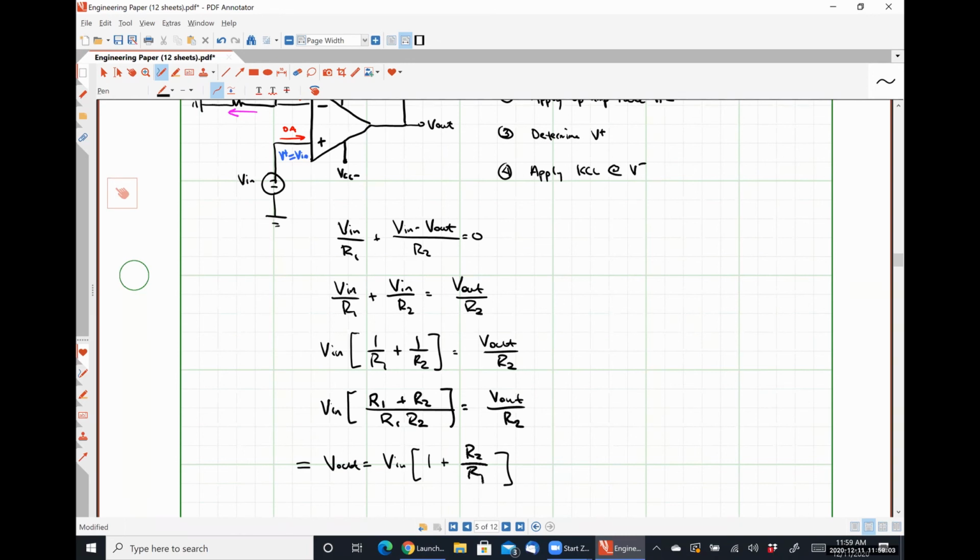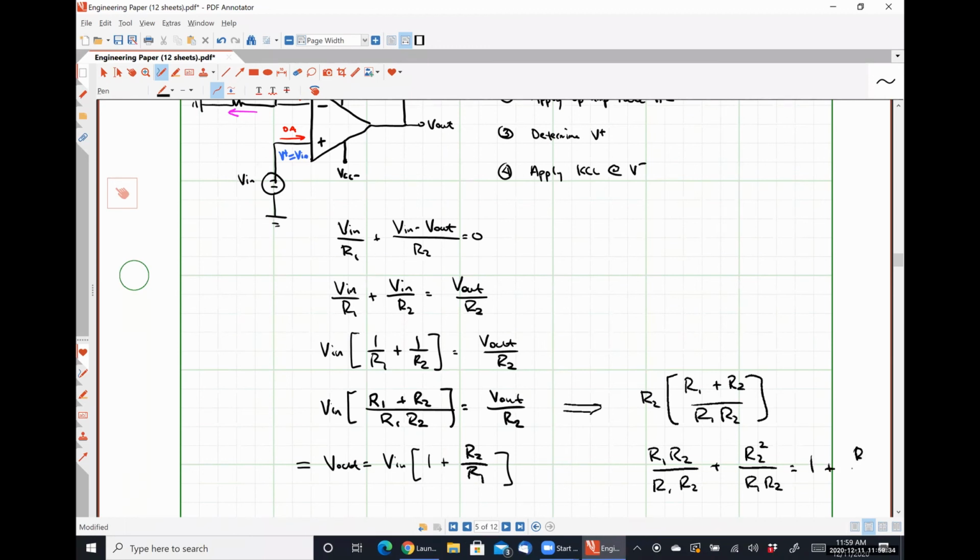All right, so let me just double check the algebra here because I feel like a complete idiot. So I'm going to have R2 multiplied by R1 plus R2 times R1 over R2. So that's going to give me R1 R2 over R1 R2 plus R2 squared over R1 R2, which is the same as 1 plus R2 over R1.